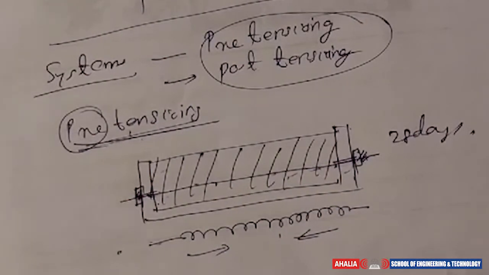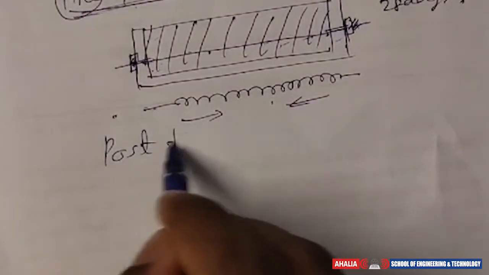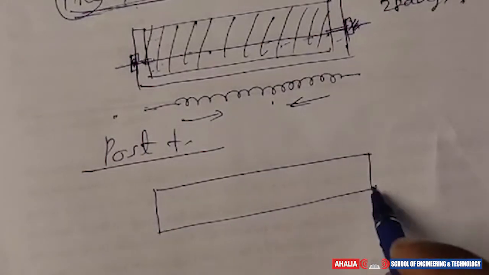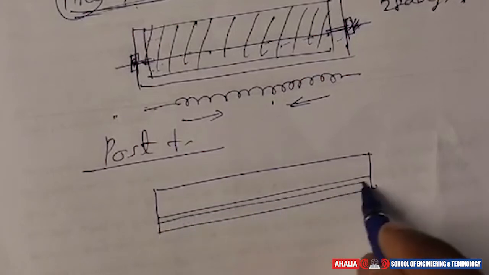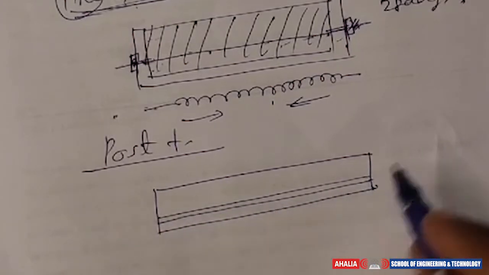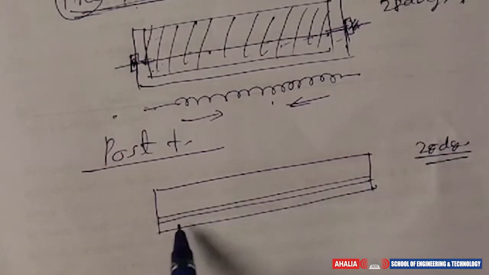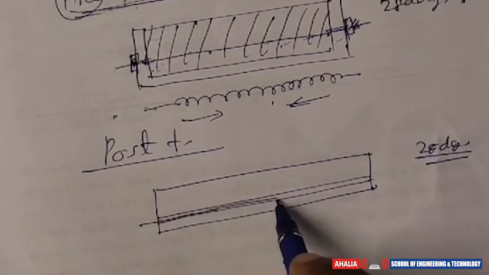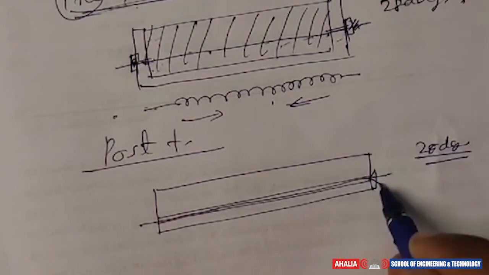So the next case is post-tensioning. For post-tensioning, when we are casting a beam, we provide a duct or hole in the beam. After 28 days of curing, we pass a high tensile wire through this duct and take it outside, and then we provide a jack.